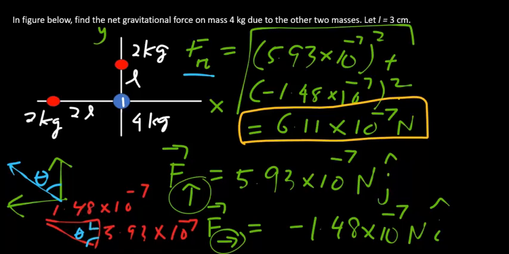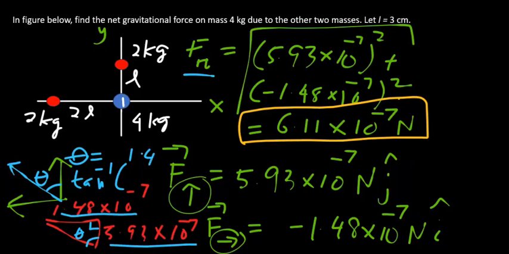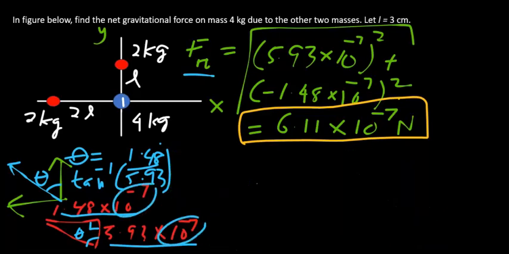You can determine theta. And you see theta is the arctangent of this over that. So in other words, 1.48 over 5.93, because 10 to the power minus 7 will get cancelled, which will give you 14 degrees.